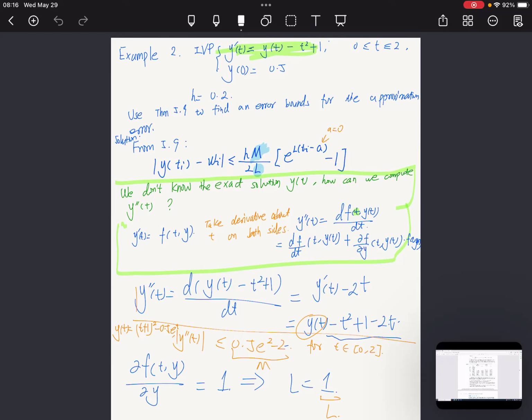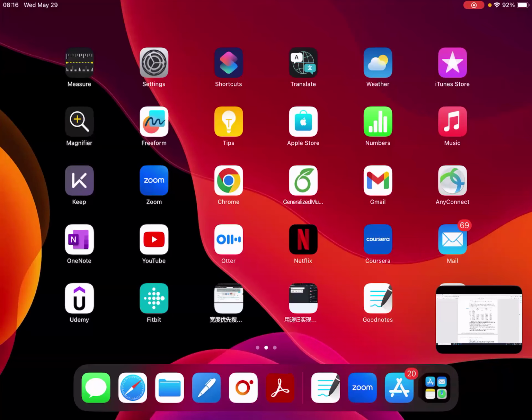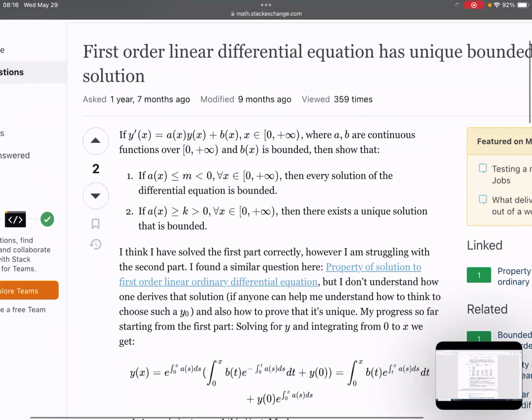And also, one thing you can use for this kind of question. All of this is based on the format of the exact solution. I will post this link later.